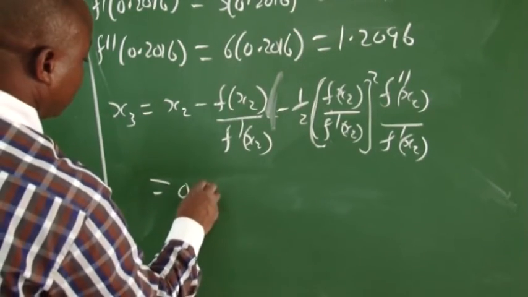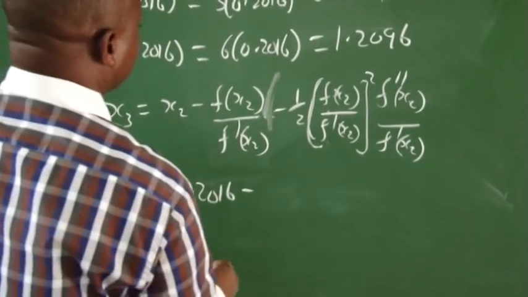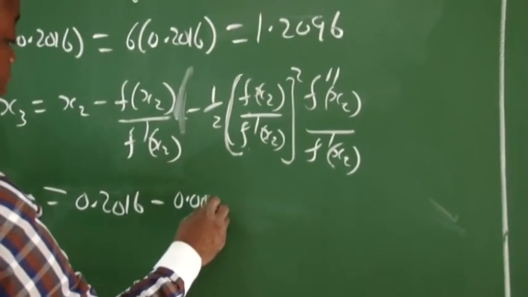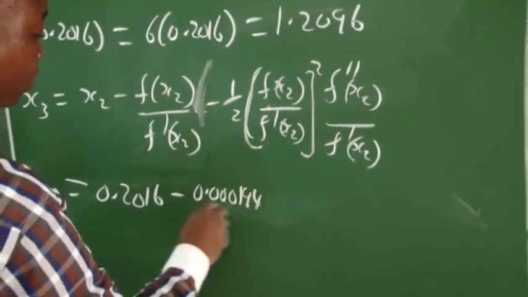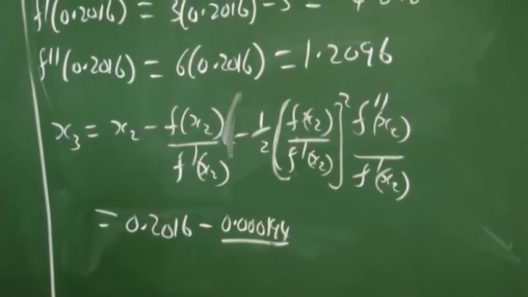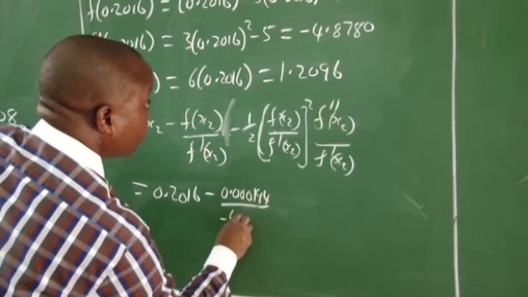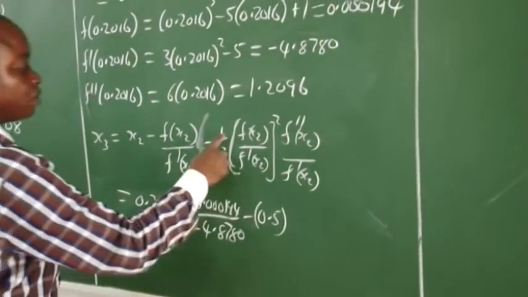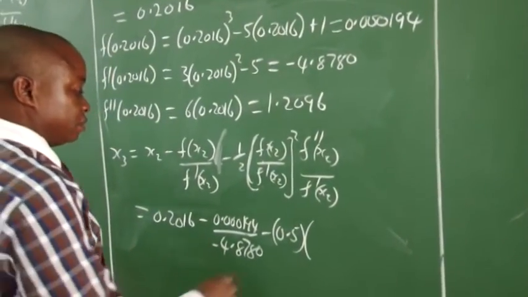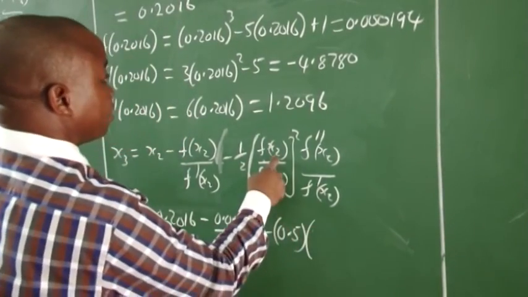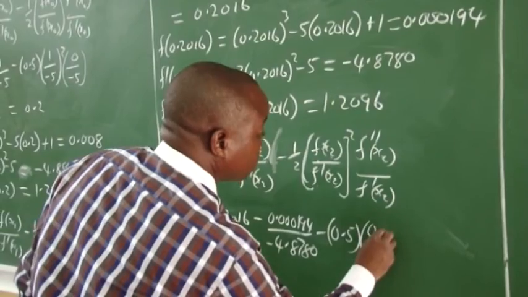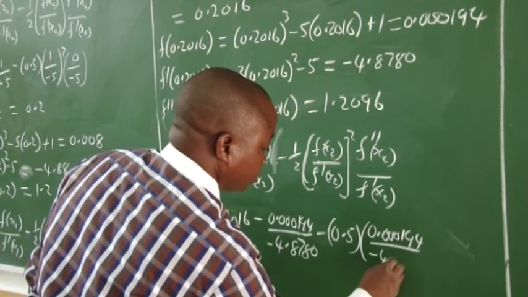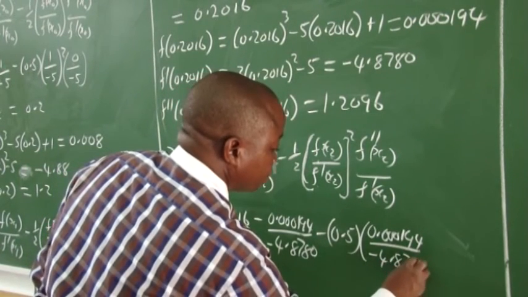Now x2 is 0.2016 minus f of x2, 0.000194, over f prime of x2, which is minus 4.8780, minus 0.5, that is 1 over 2, times f of x2, which is 0.000194, over minus 4.8780.